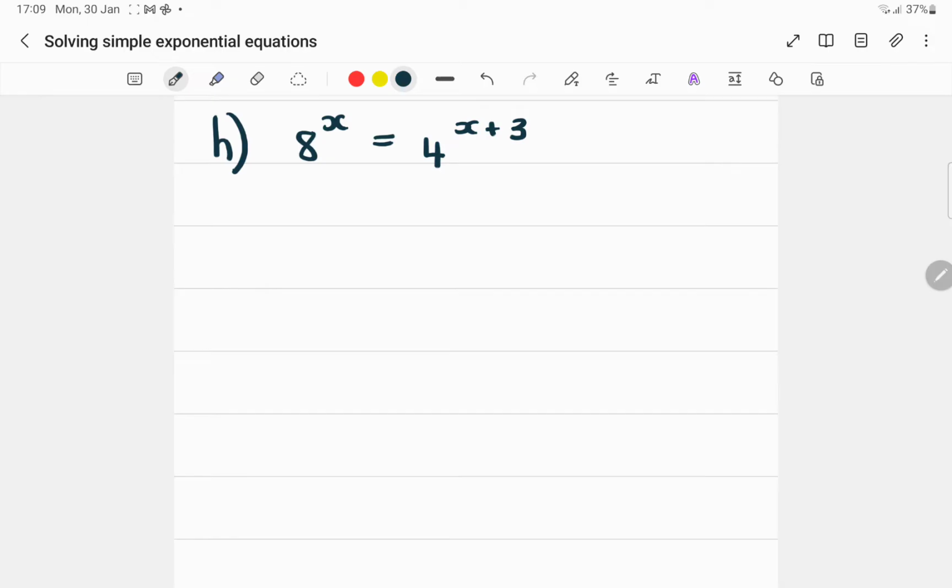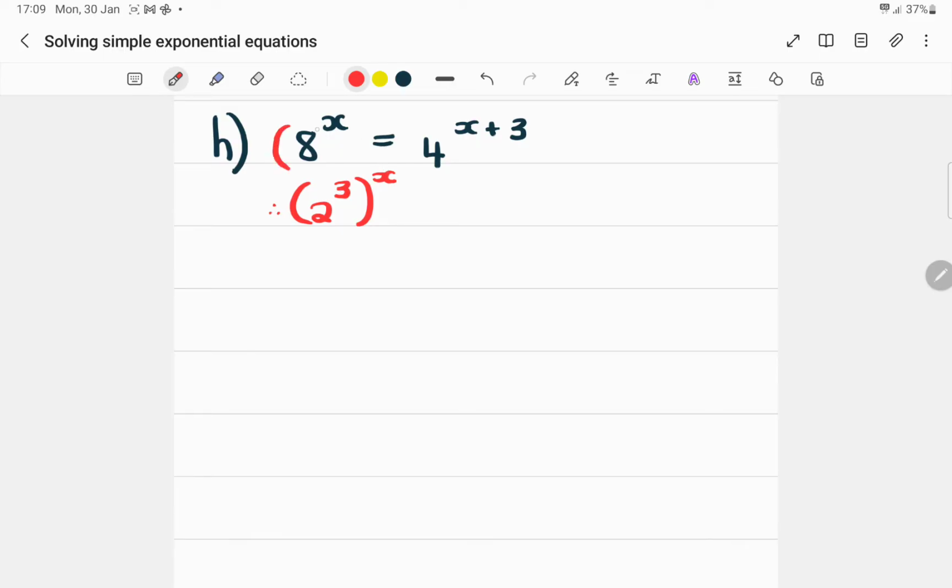All right, so now we've got on both sides that they are not products of their primes. So the 8 you can rewrite as 2 to the power of 3. And we're going to keep that in brackets because there's a power raised further to a power x. So it's 2 to the power 3 raised further to the power of x.